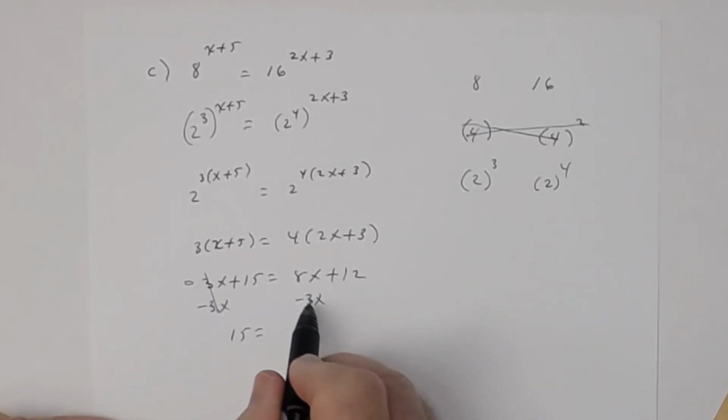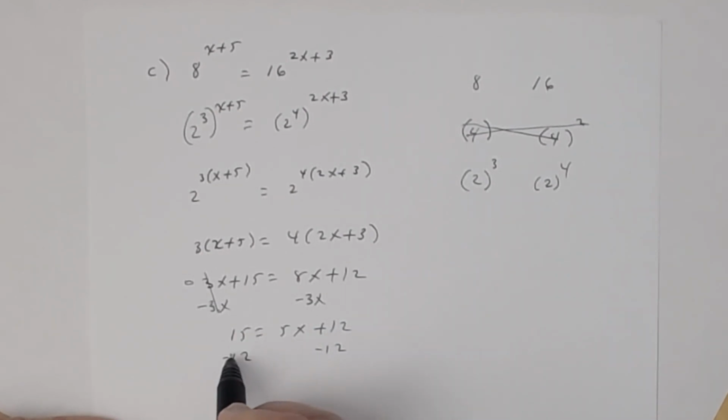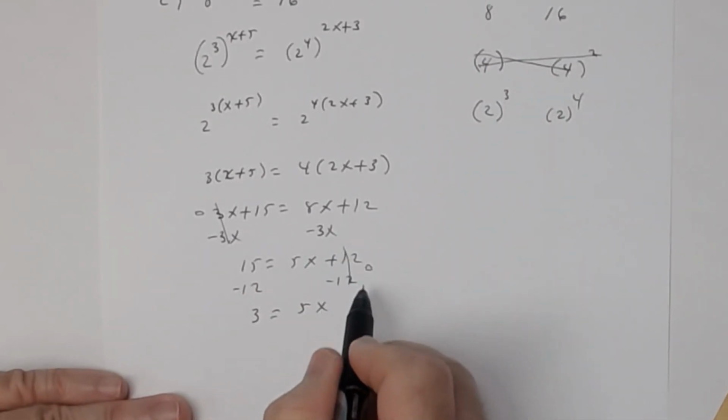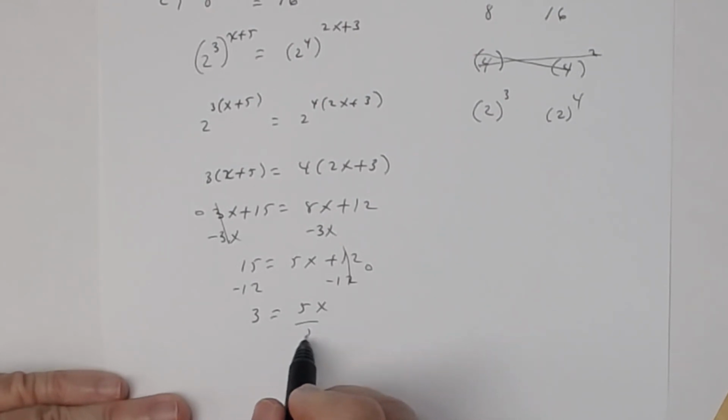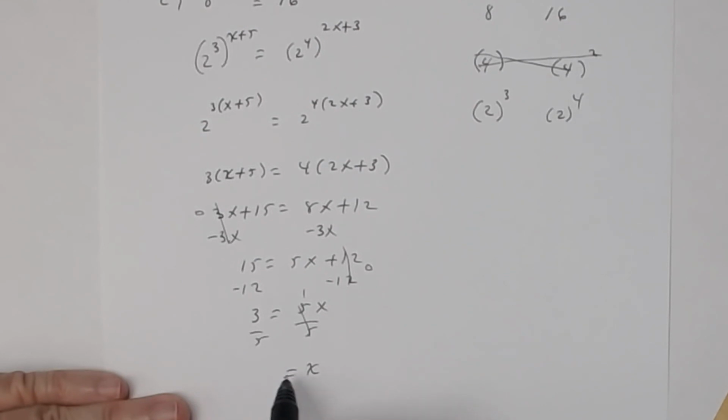And then 8x minus 3x is 5x, and then plus 12. Then subtracting 12 from both sides, 15 minus 12 is 3, so I get 3 equals 5x. And then dividing both sides by 5, I get my solution. So my solution is going to be 3/5.